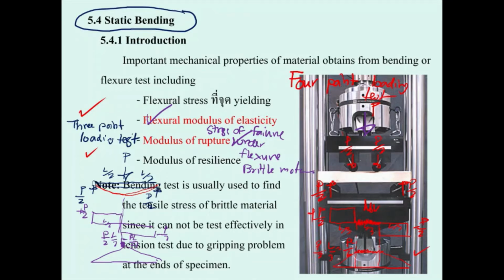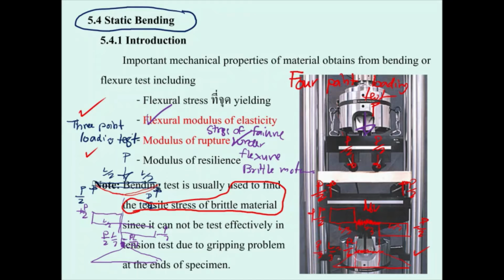It should be noted that the bending test is usually used to find the tensile stress of brittle material. It's really useful because brittle material is usually hard to grip during the tension test.